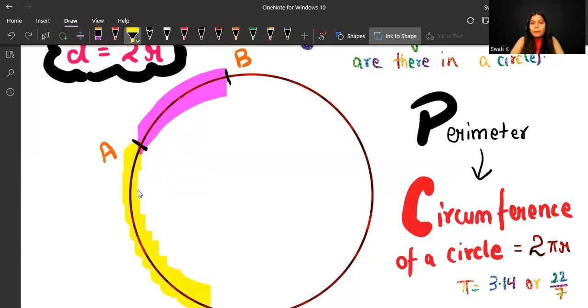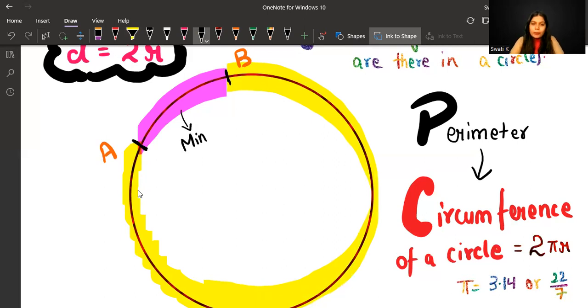So the pink one we call the minor arc, and the yellow one we call the major arc. I'll write down here, this is called minor arc, and this yellow one is called major arc. All right. So this is called an arc.